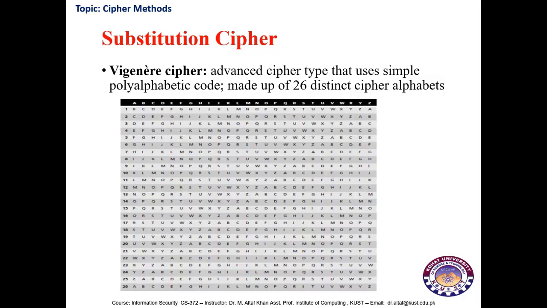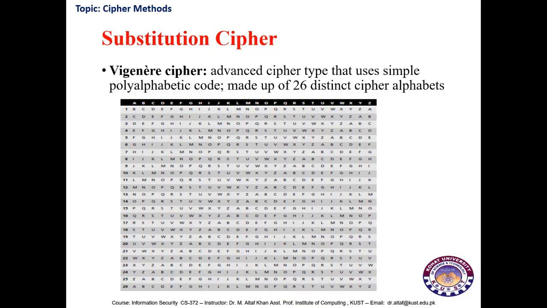Dear students, as you can see in the diagram, the setup of the Vigenere square is shown. In this Vigenere square, the header of each column is an alphabet, and the header of each row is a particular number.